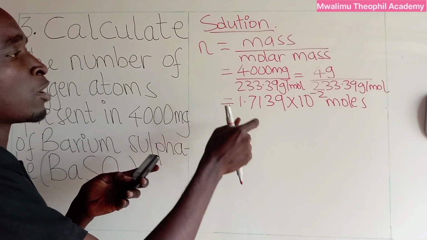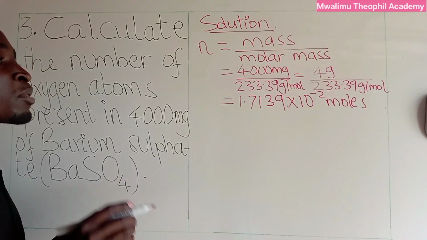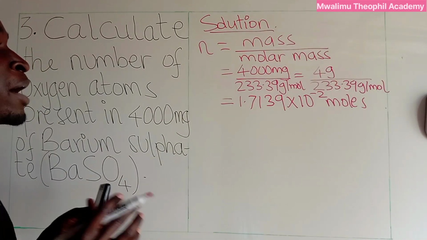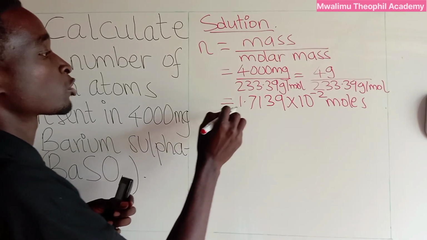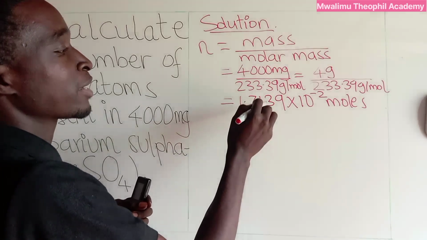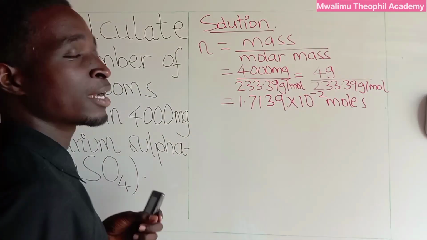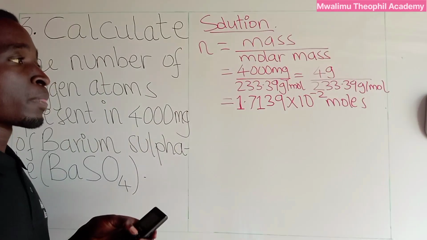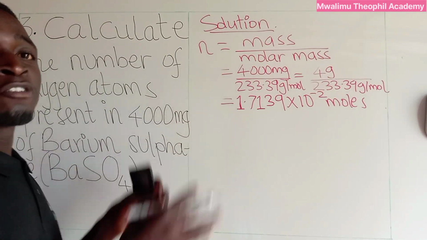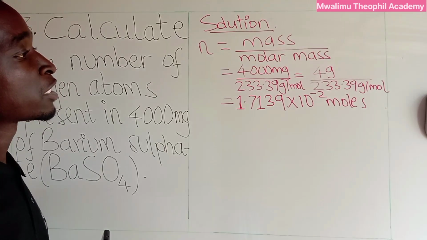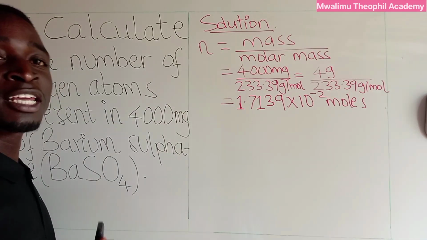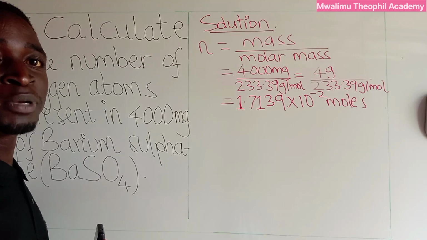Now, the number of moles present in 4,000 milligram of barium sulfate is equal to 1.7139 times 10 raised to -2. After we have obtained the number of moles, now we can calculate the total number of molecules present.